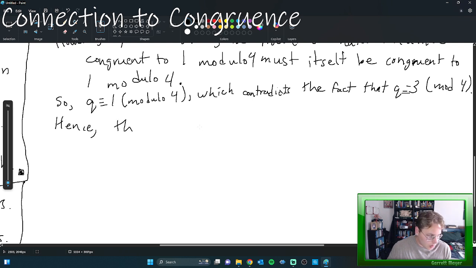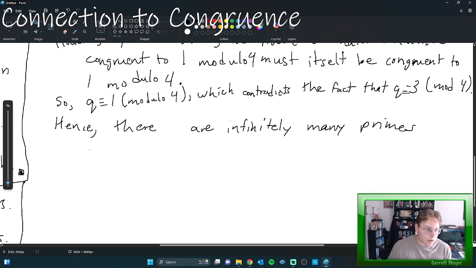Hence, there are infinitely many primes congruent to 3 modulo 4.